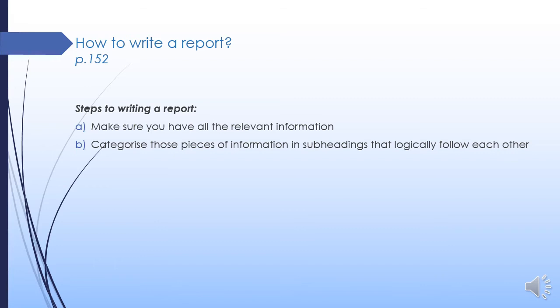So basically group your relevant information into the subheadings, the main heading being, let's say, gold mining or gold mines, and the subheadings are the minor ideas you are about to include. Make sure you categorize your information in subheadings that maintain flow for the reader while reading.